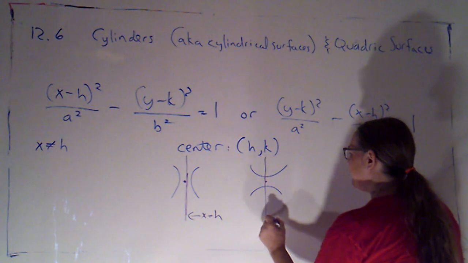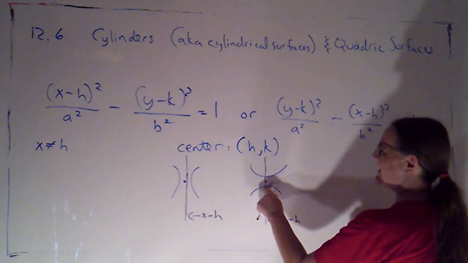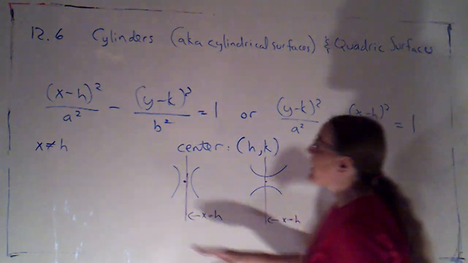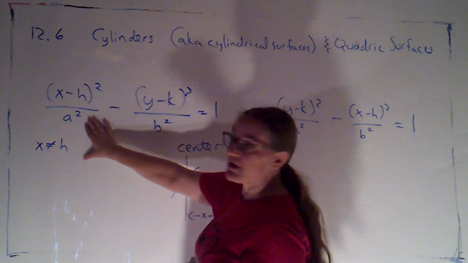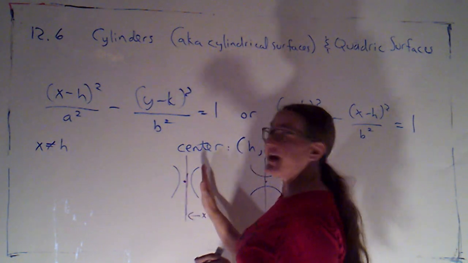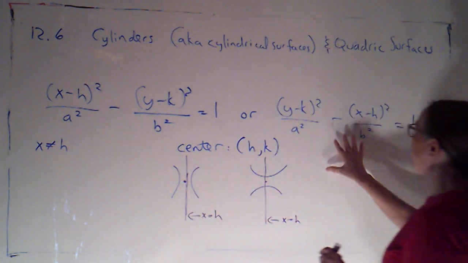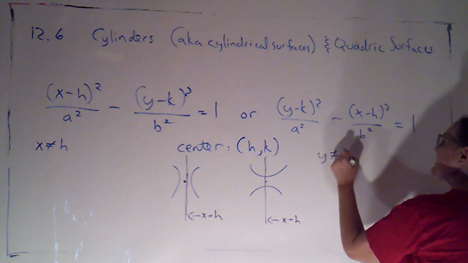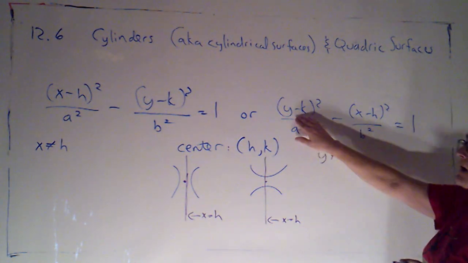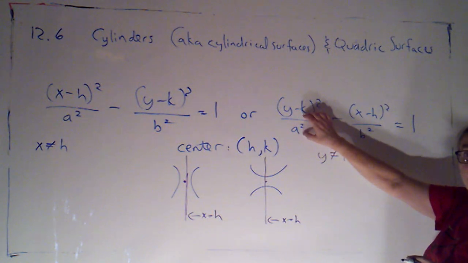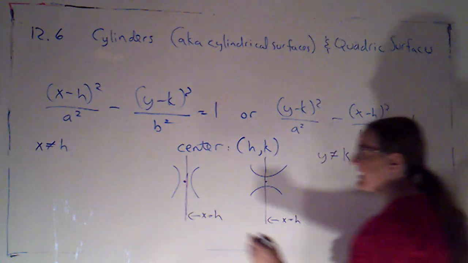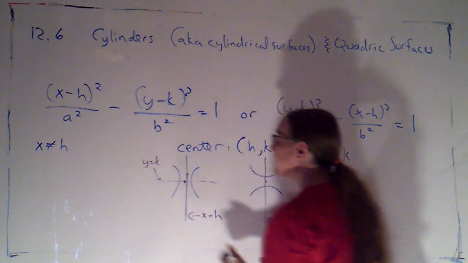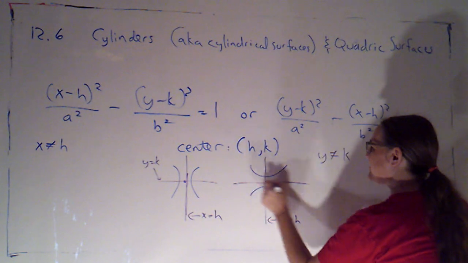On this graph, x is h here and here. So if I've got this sort of an equation, I'm going to have a left and a right branch. If I have this sort of an equation, I'm going to see that y can't equal k, because that would make that initial term 0. But y equals k would be the equation of the horizontal line that goes through the center.